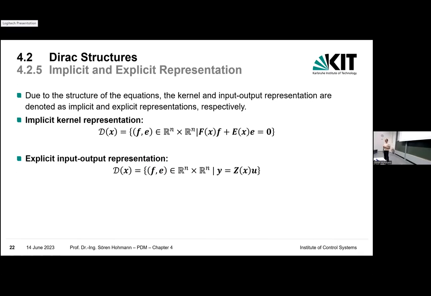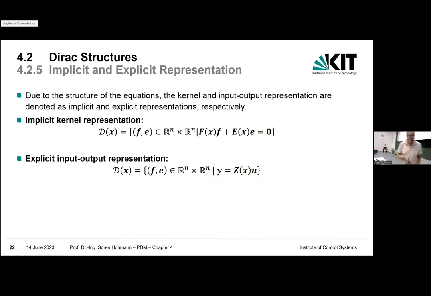It's a little bit of practice. And here we get the theoretical result: it's always possible to do that. Then you can represent everything in this input-output representation, with Y comprising some of the variables of F and E, and likewise E, U.